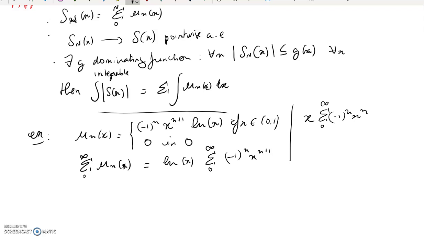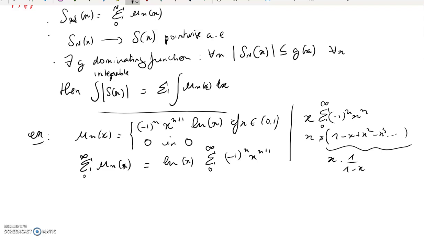So what is that? That's x times 1 minus x plus x squared minus x cubed and so on. This is the sum of a geometric sequence with minus x as the common ratio. So that's x times 1 over 1 minus x.